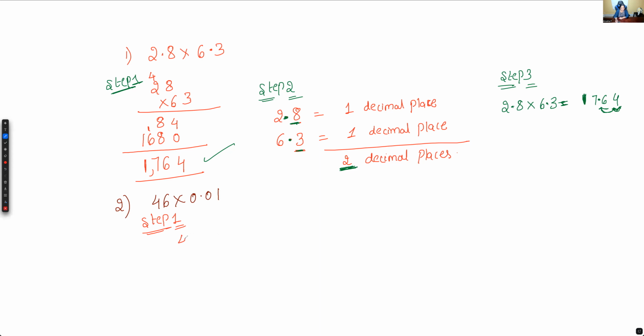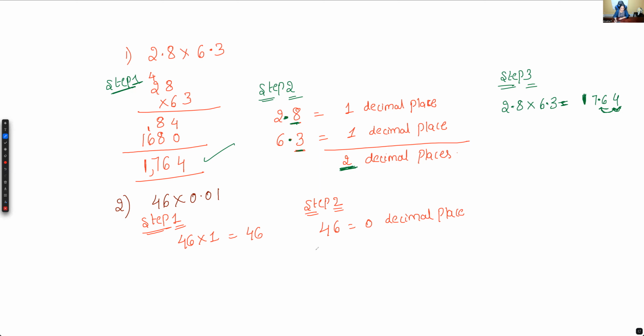So 46 times 1, which is 46. What is step 2 now? Counting the decimal places. Does the number 46 have any decimal places? No, because there is no decimal point there. So we will keep 0 decimal places.